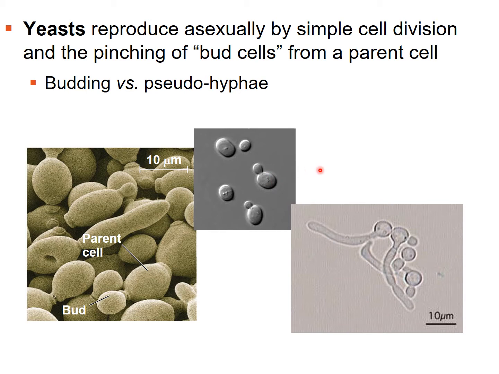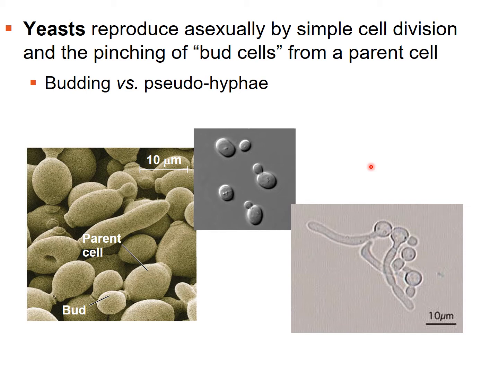Now, some of them produce what's called pseudo-hyphae. So remember, if you looked through the fungus lecture or read the textbook, you learned that hyphae are these long branching filaments. Yeast can produce what's called pseudo-hyphae. They're like fake hyphae. They look like hyphae, but they're not like hyphae. Hyphae are typically just basically one cell. Now, some of them do have cross walls.